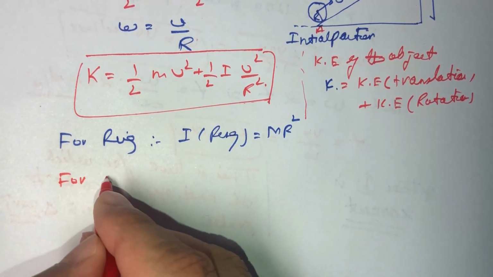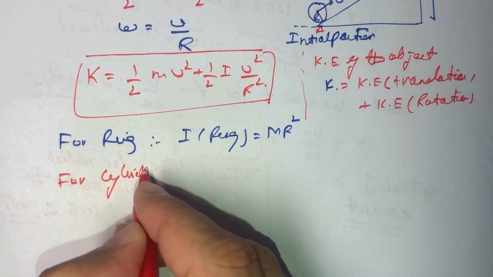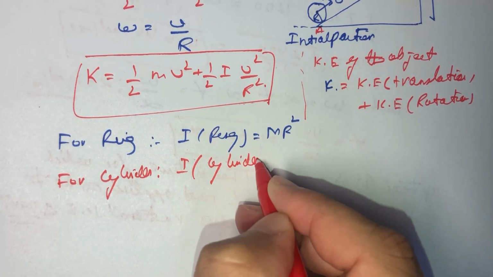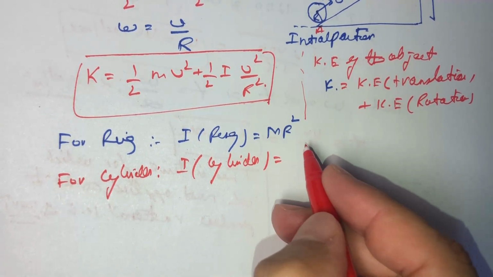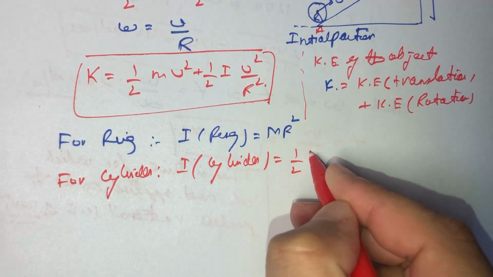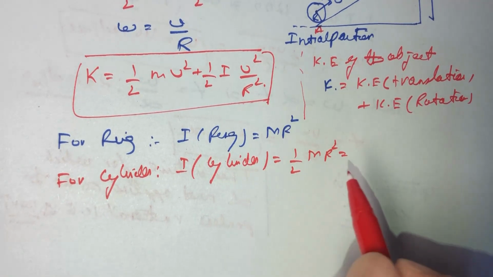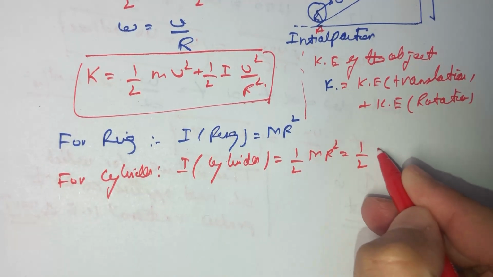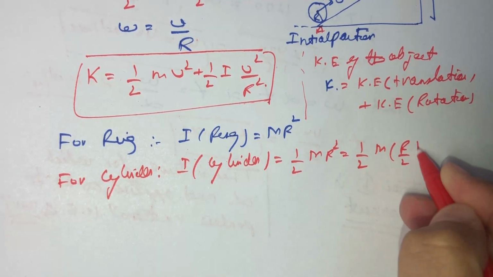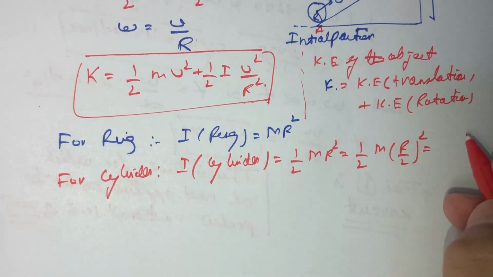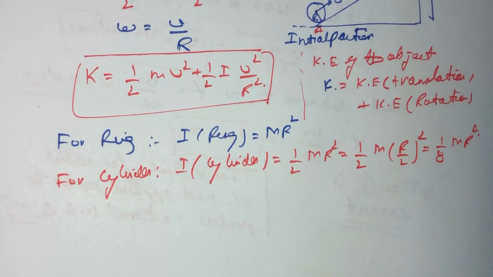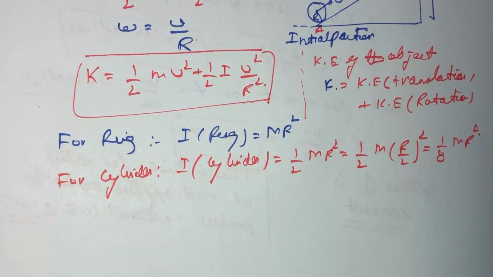For the cylinder, the moment of inertia I cylinder will be equal to 1 by 2 mr square. Now the radius of the cylinder is given as r by 2, so we are going to substitute it here. So this will be 1 by 2 m, r by 2 whole square, and this comes as 1 by 8 mr square.